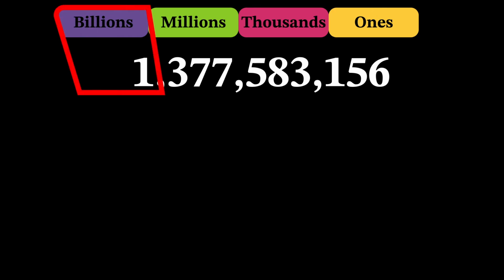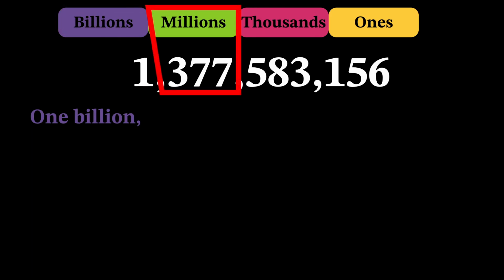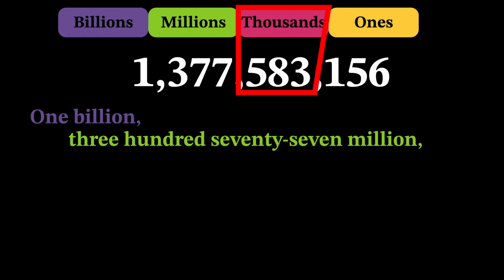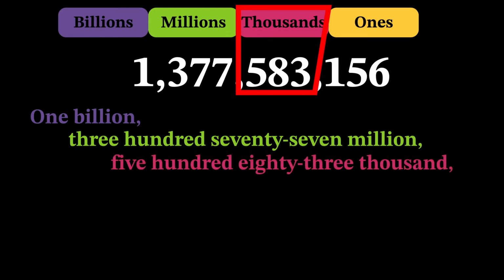Our fourth example is this number right here. The largest period is the billions. There's only 1 in the billions, so we get 1 billion followed by a comma. There are 377 millions, which is written as 377 million and a comma. 583 is in the thousands, which is written as 583,000 and a comma.